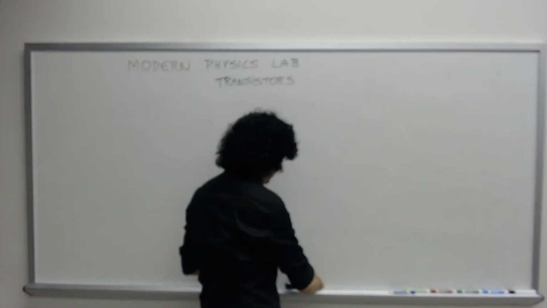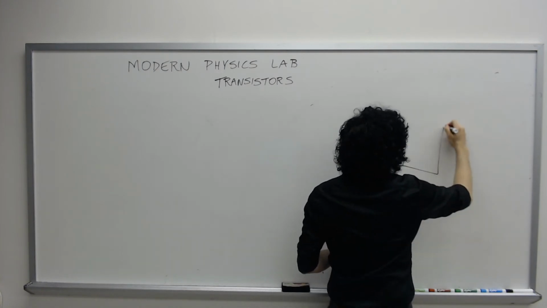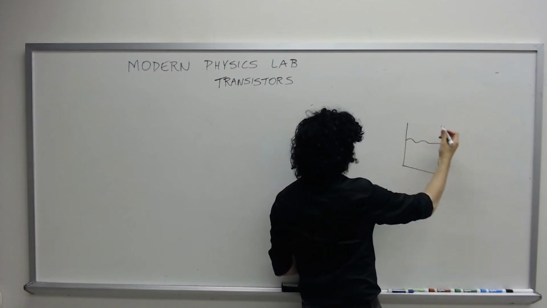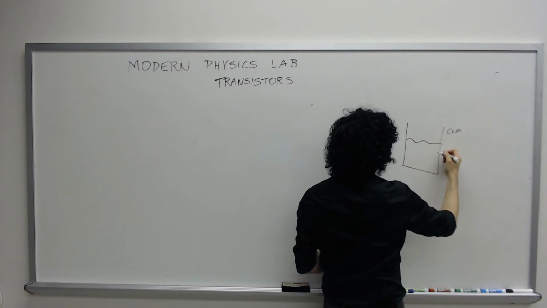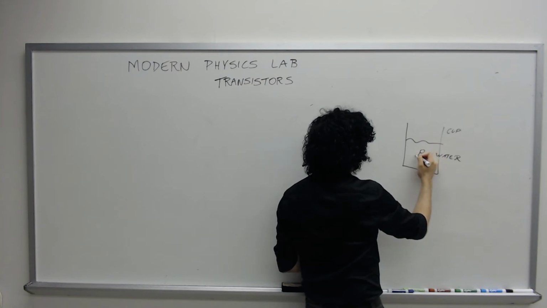Another way to visualize the holes, as I used this example of traffic, is if you have water here in a cup, and suppose there is a small bubble here.